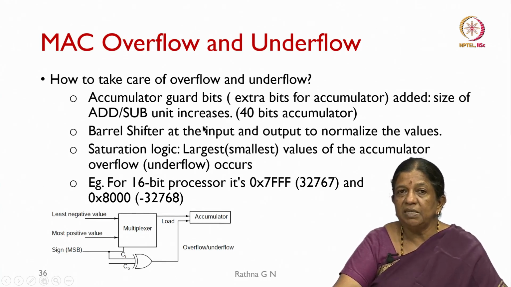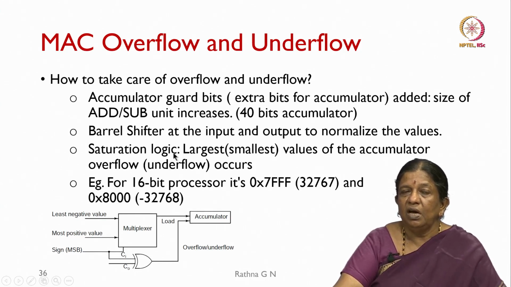If it is two 16 bit operands, the maximum can be 32 plus 1 carry bit, but we say we can accommodate the overflow up to 2 power 8 bits in this case. So, the barrel shifter at input and output is there to normalize the values we need, and the other one is the saturation logic.